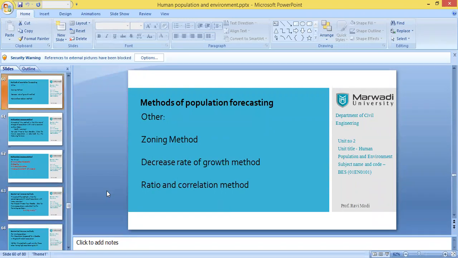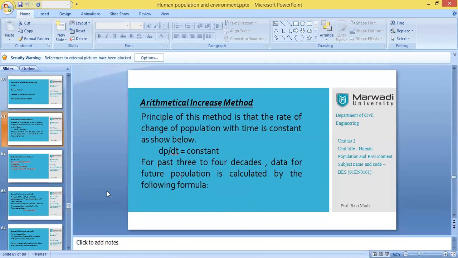All these are important methods. Some of the other methods are zoning method, decreasing rate of growth method, and ratio and correlation method. These are the important methods utilized for population forecasting. We'll discuss one or two and we'll solve the numericals regarding one of them, so that it is more clear for you.